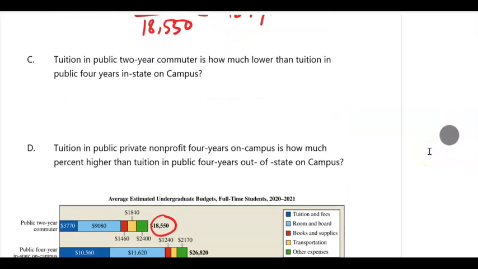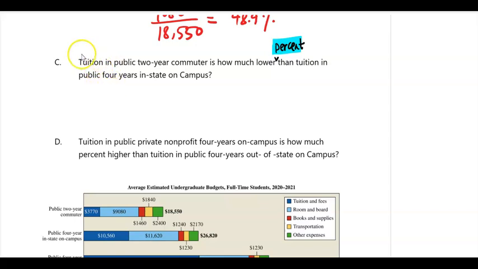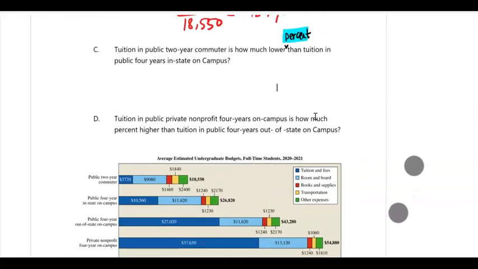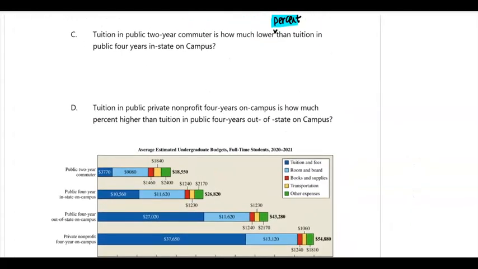So part C. You compare the tuition in public 2-year commuter to the tuition in public 4-year in-state on campus. It's asking how much lower, in percentage, the tuition in public 2-year commuter is than the tuition in public 4-year in-state on campus. So for public 2-year commuter, that's the tuition and that's the total cost.